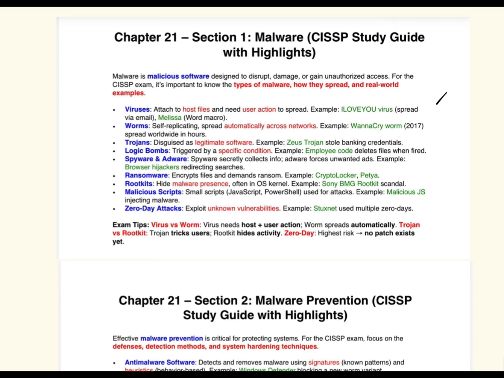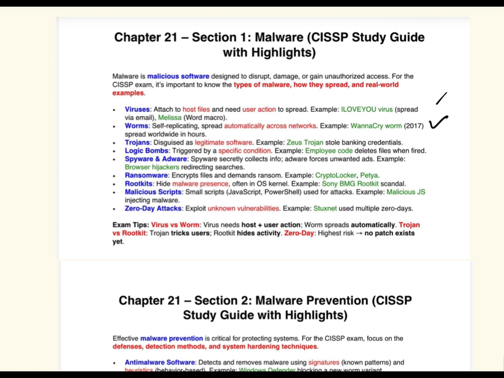Second is worms. Worms are self-replicating and spread automatically across the network without user intervention. In a virus, we need user intervention, but here they can replicate automatically across the network. That is the difference between worms and viruses.